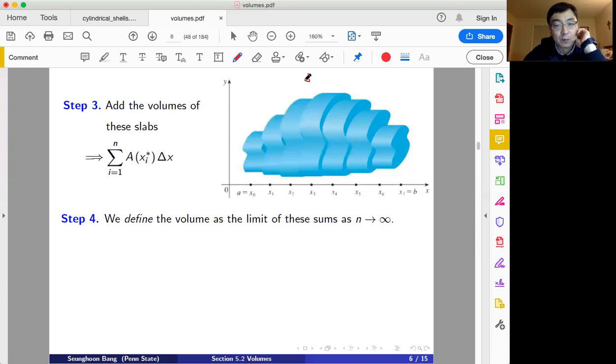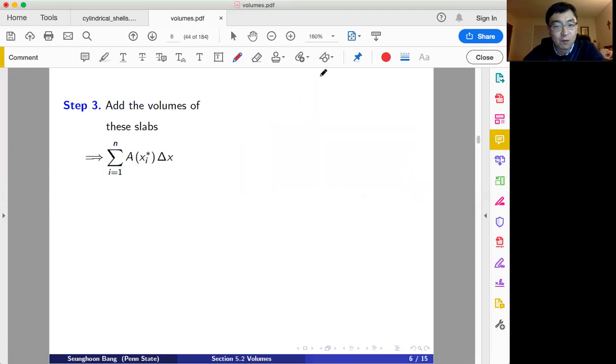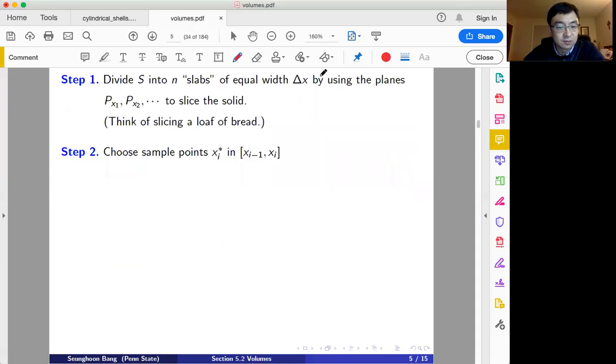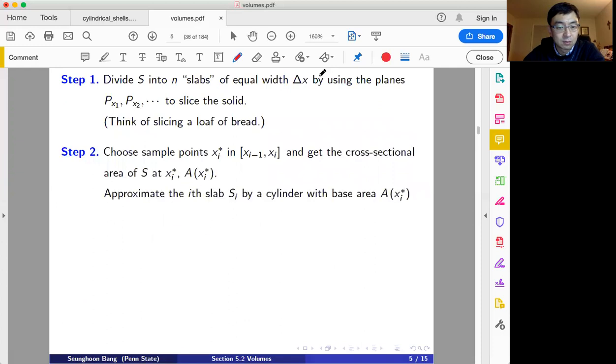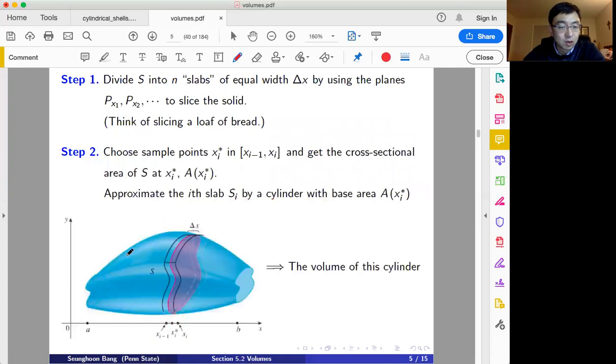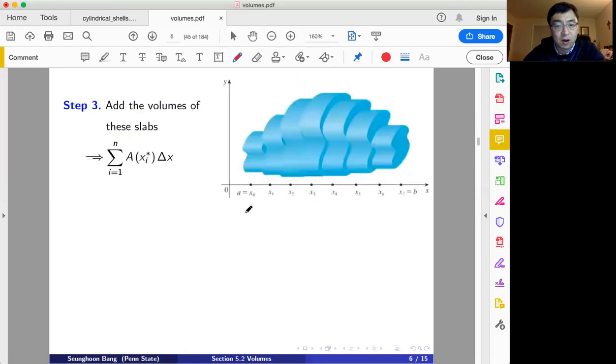Not the exact volume of a solid. The exact volume of a solid is this whole thing. So only this part is the approximate volume.